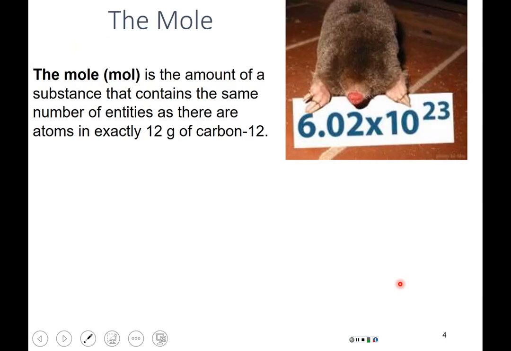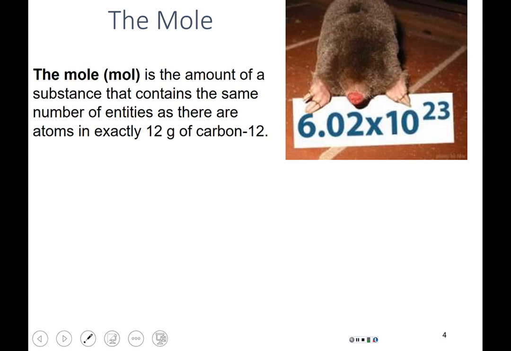This is a slide we've seen before in this class, during the first lecture. But now, technically, we're going to know what a mole is. Again, that's just the number of anything that is the same number of atoms that are in 12 grams of carbon-12, and that's this number, 6.02 times 10 to the 23rd.